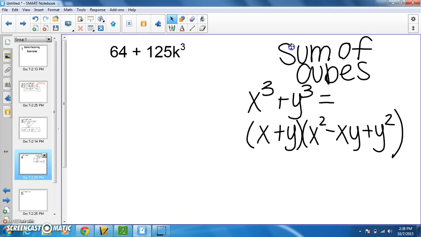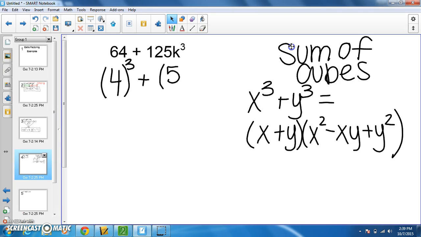So I want to be able to rewrite 64 plus 125k cubed as something being cubed plus something being cubed. So what could we cube to get 64? Our answer would be 4 cubed gives us 64. Then we think about what cubed gives us 125k to the third power. First think about 125, and that is 5, because 5 times 5 times 5 is 125.